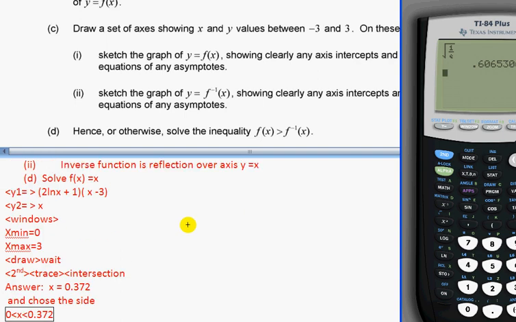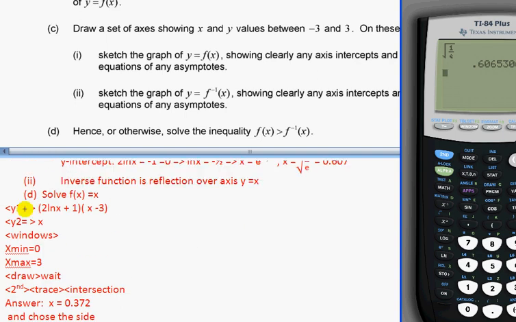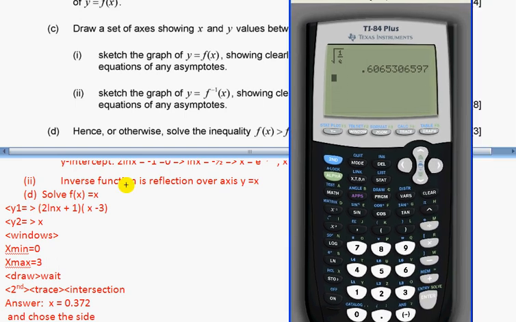we press here clear, and we insert our function. It is, where is our function? It is 2 bracket 2 logarithm x plus 1.